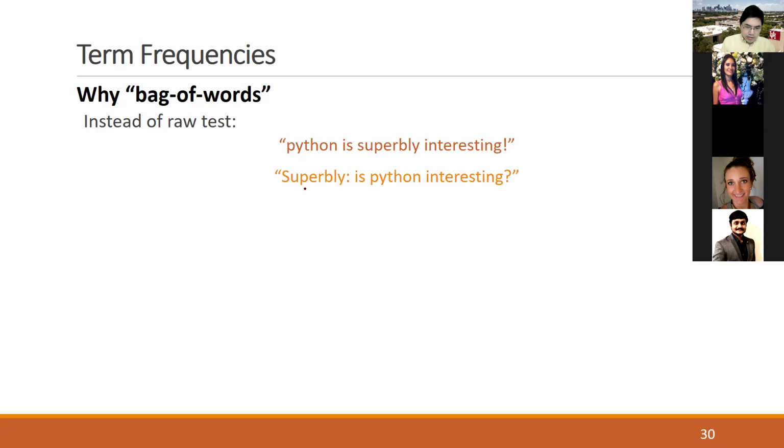If somebody's name is Superbly, it could be possible. He's saying, "Is Python interesting?" This is casting a doubt on Python, a very different feeling from the first one. But these are the same 4 words.